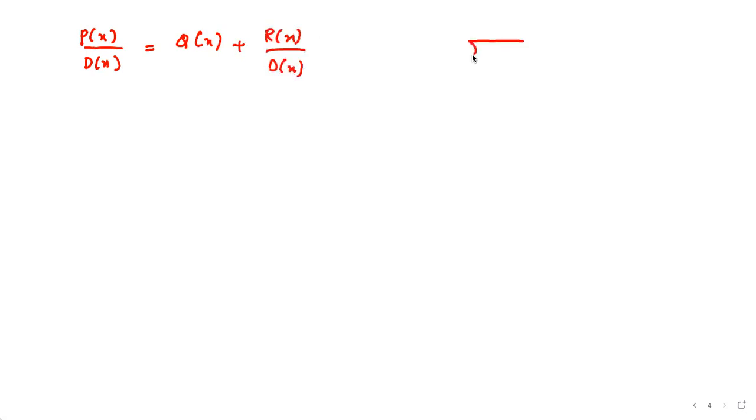For example, if I'm dividing 8 by 3, the quotient is 2, and the remainder is also 2. So I can write 8 by 3 as 2 plus remainder 2 upon divider 3. And if you simplify this, you get 8 by 3. So this is quotient plus remainder over divider.